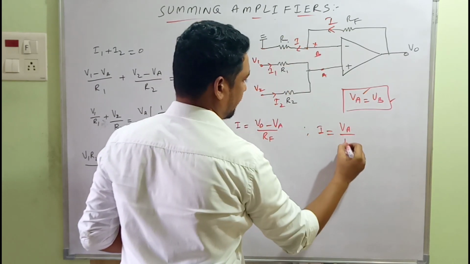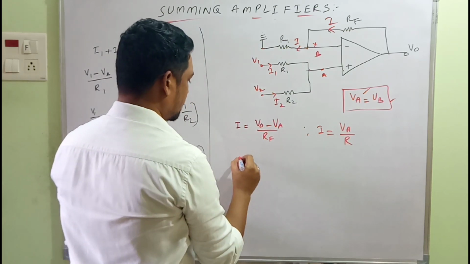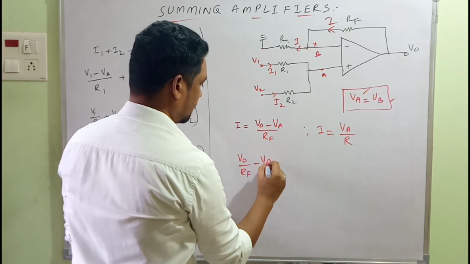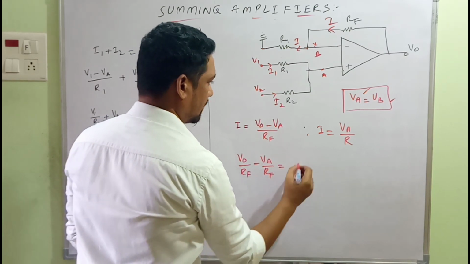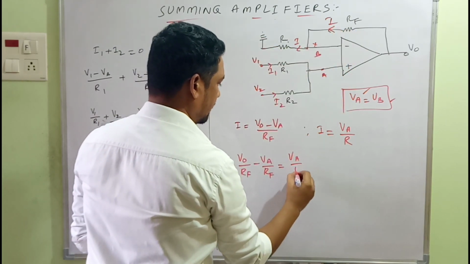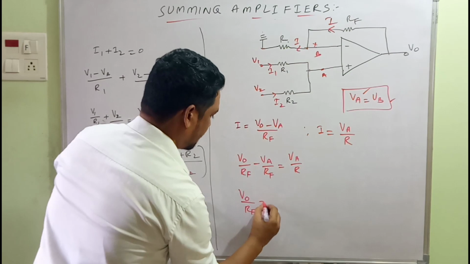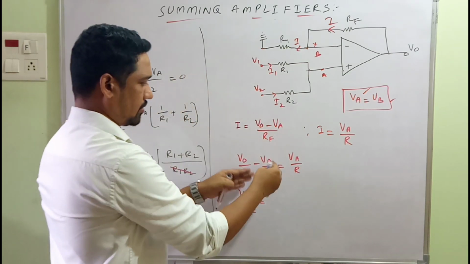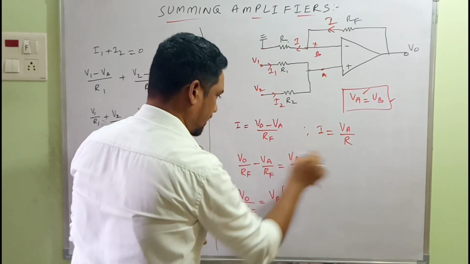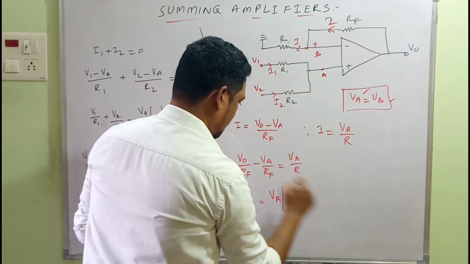upon this R, VA upon R, and these two equations are same in the sense V0 by RF minus VA upon RF will be equal to the same current, right? Whatever the current, the same current. So VA by R, and V0 by RF is equal to, pushing this ratio to that side, to RHS, we have VA as common from both the terms, because that side we have VA in this also, 1 by R plus, it's negative, right?